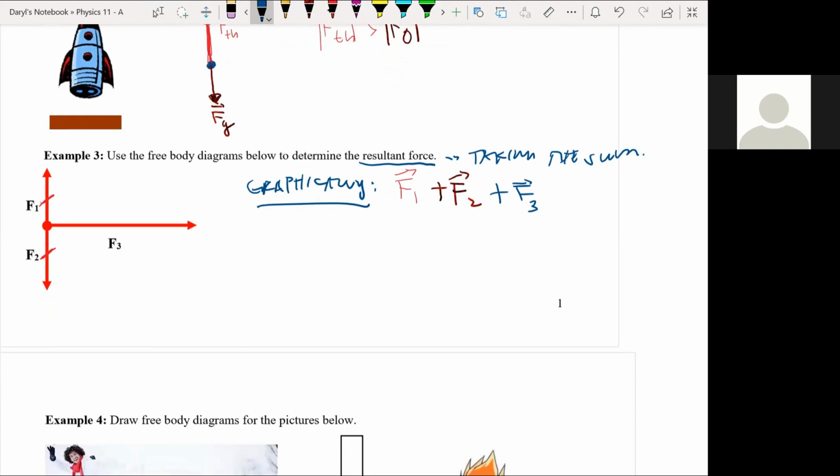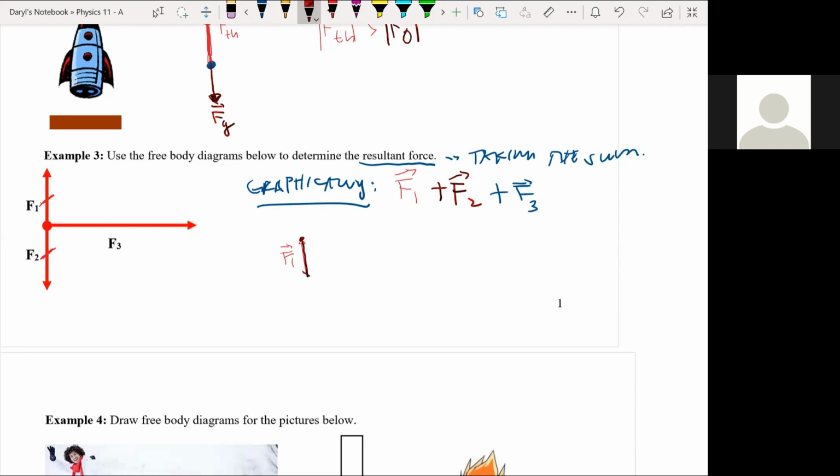If you can see here, these are bold letters, because some other books, instead of using arrows on top, use bold letters to represent a vector. But that's quite hard to write down here, so I use the arrow notation for vectors. So if you're adding, you go up, so F1, and then I add the vector F2, starting to draw it from the tip of my F1 and then downward.